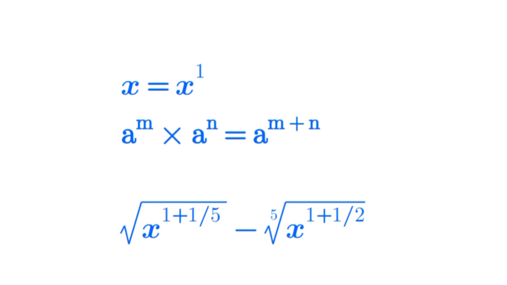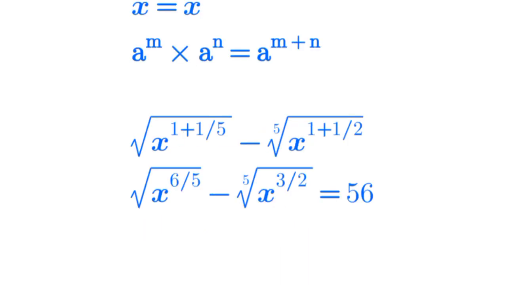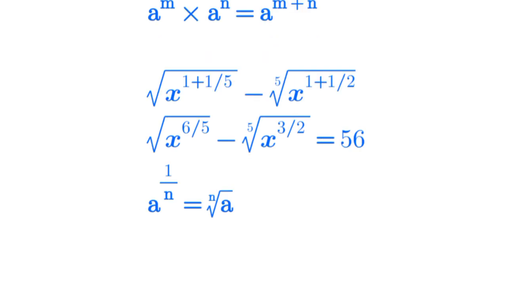So this will give us the square root of x raised to the power of 6 over 5 minus the fifth root of x raised to the power of 3 over 2 is equal to 56. Now again, we are going to use our fractional indices rule. So when we have a raised to the power of 1 over n is equal to the nth root of a, we are going to apply it on this side of our equation.